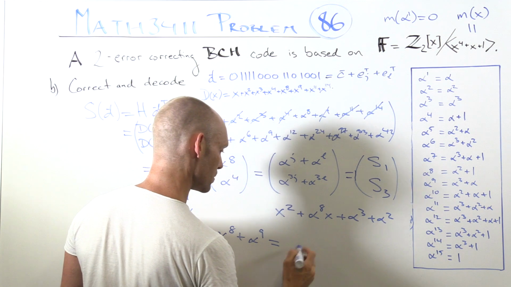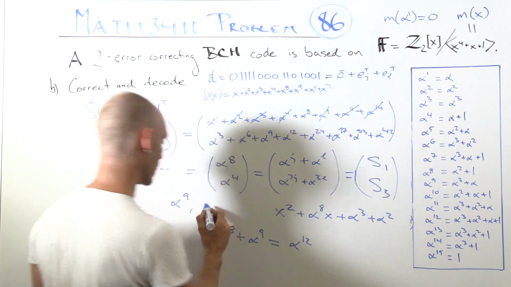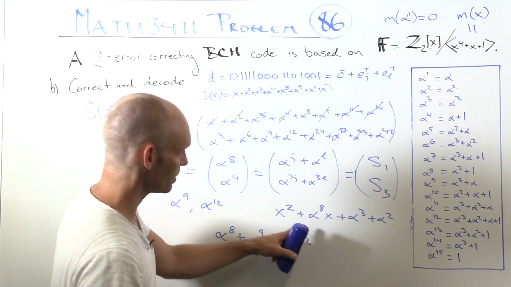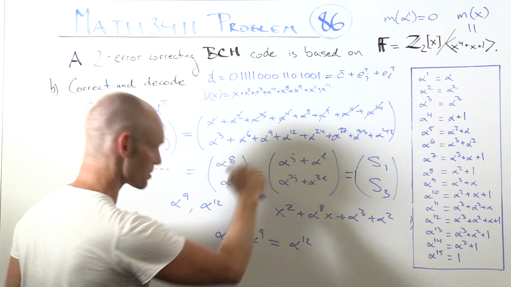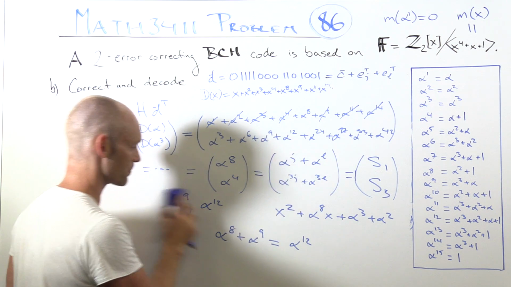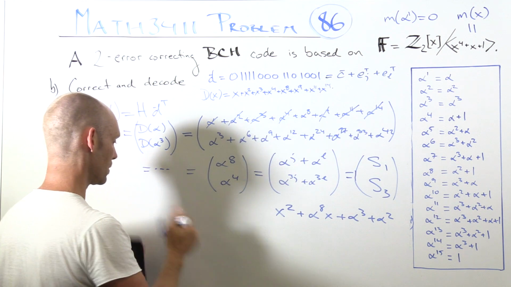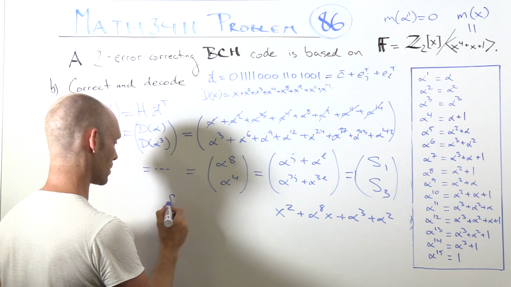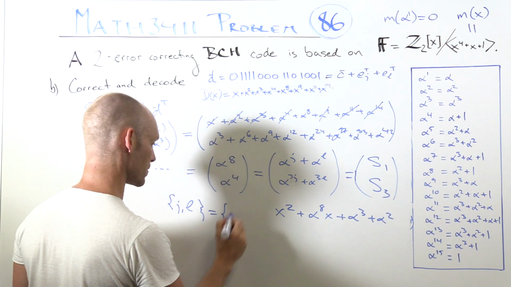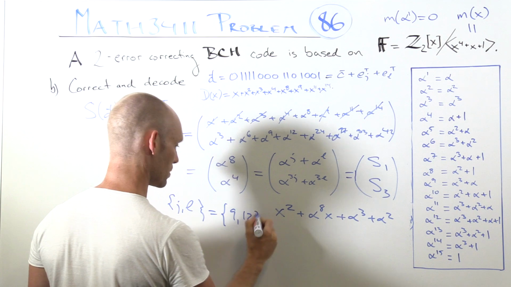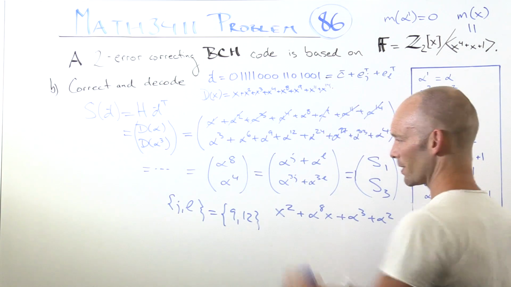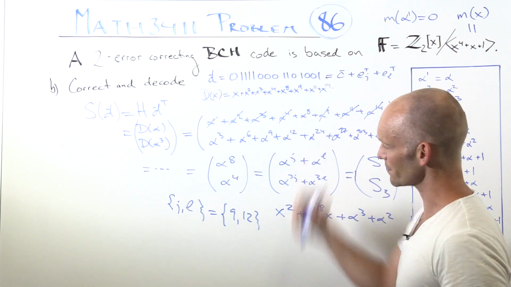This is just equal to alpha to the power of 12. So there you go. There we've found our roots of the polynomial. They were exactly the solutions to this. So in other words, j and l are just the numbers 9 and 12. It doesn't matter whether it's j and l or l and j, we have just found the positions there.